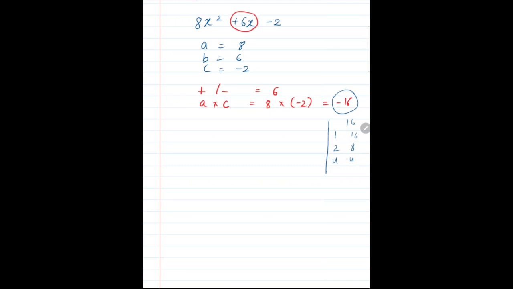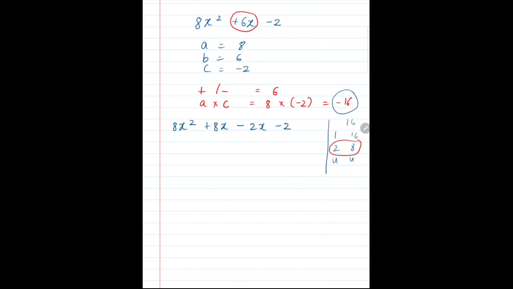Now out of these pairs of factors, which pair can give you 6? This pair here can give us 6. When we subtract 2 from 8, we get 6. Now I'll be rewriting my expression as 8x square plus 8x minus 2x minus 2.